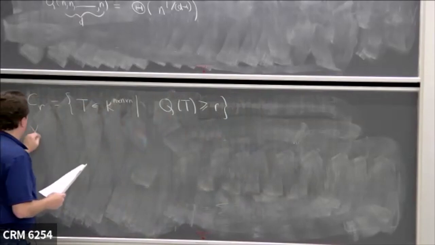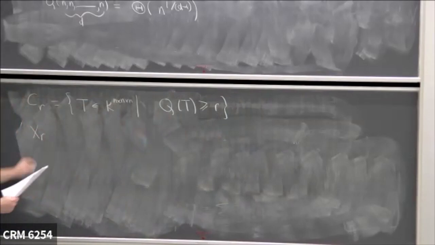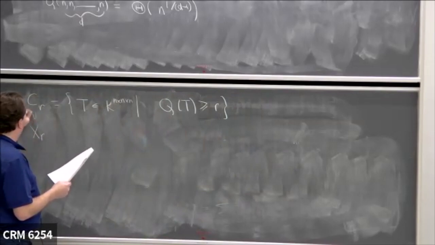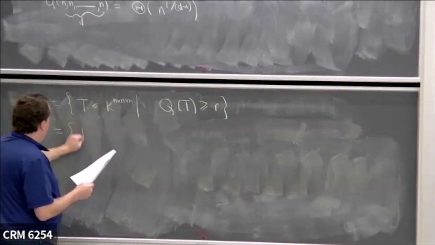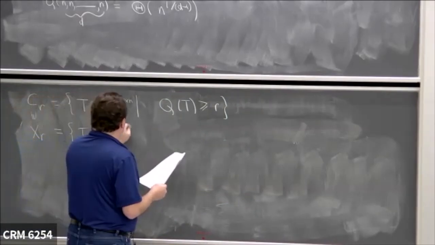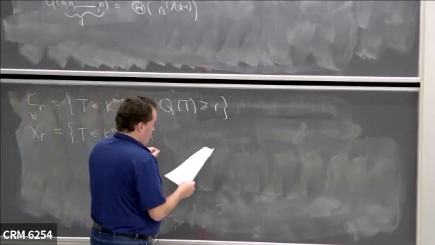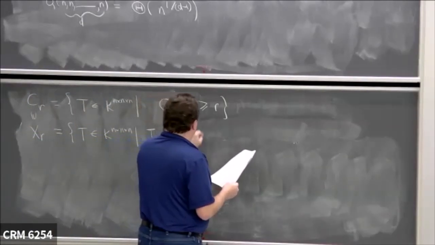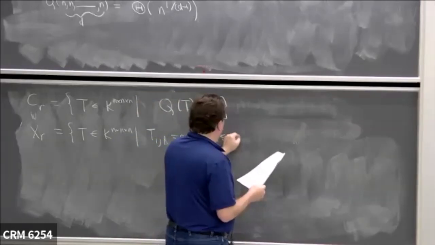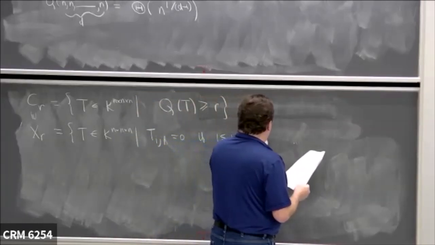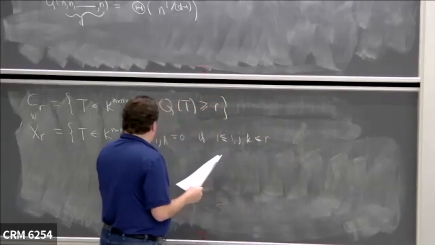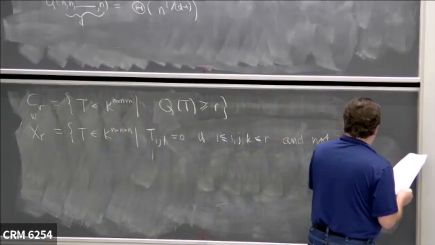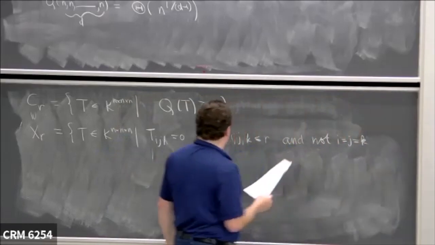Well, there's already kind of a large set of things. This is going to be, I guess, a subset here. It's all T such that T_ijk is 0 if, say, 1 ≤ i,j,k ≤ R and not i = j = k, if they're not all equal.